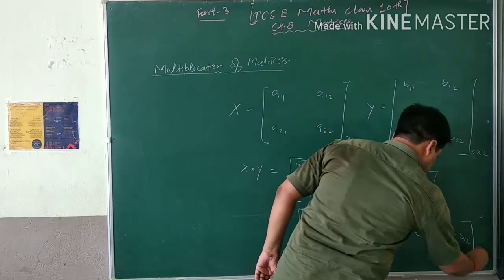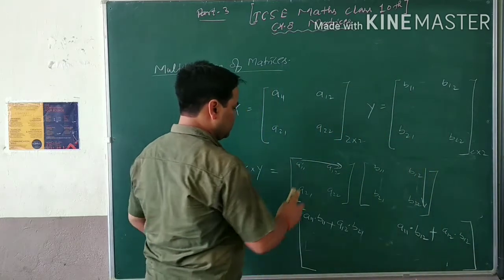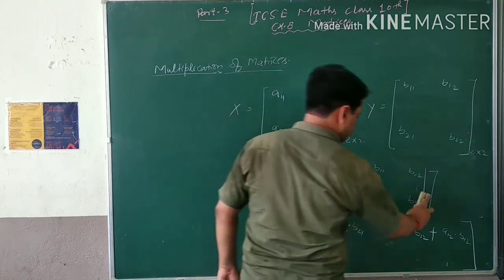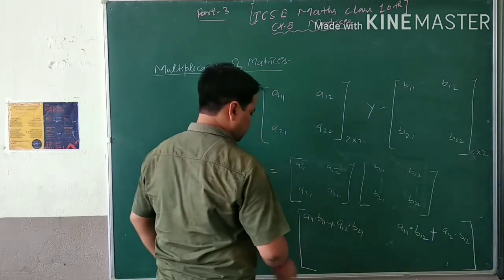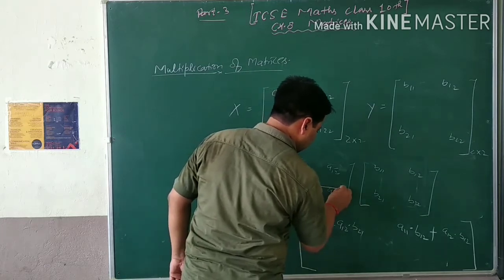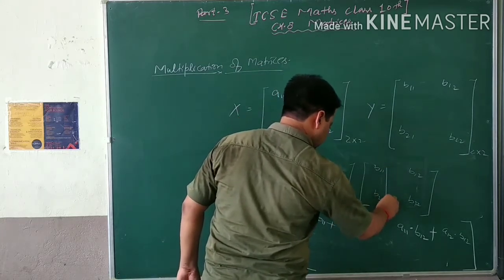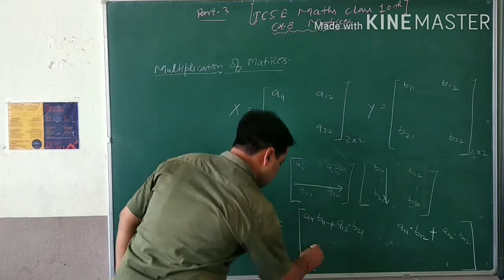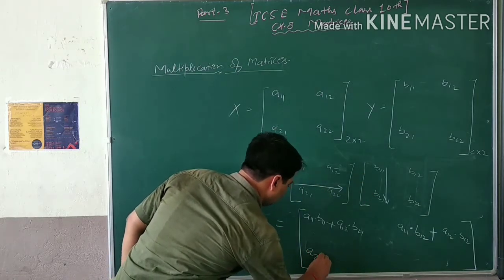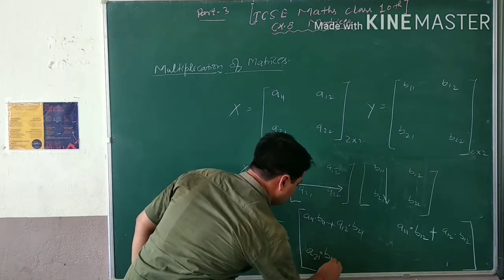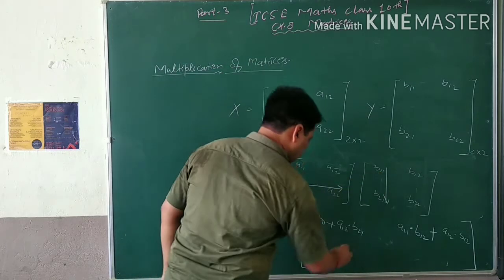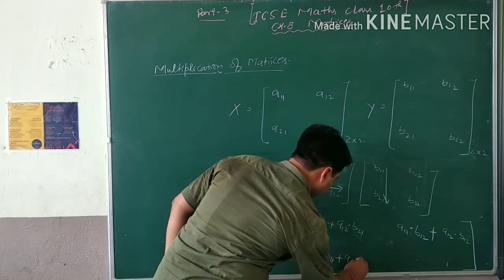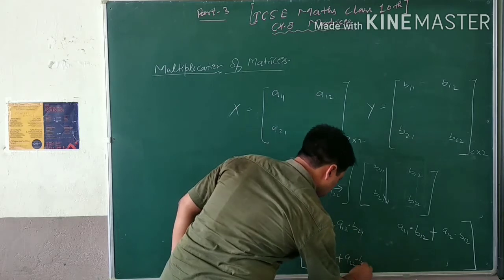Now here, we will take the second row of the first matrix. Second row of the first matrix. This is the second row of the first matrix and the first column. And now we multiply this to this one. Means A21 and B11, A21 B11 plus A22 into B21.